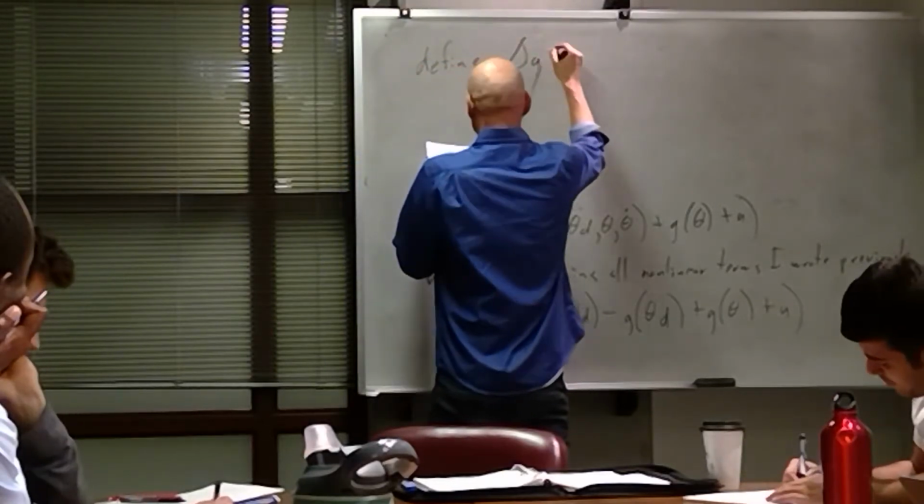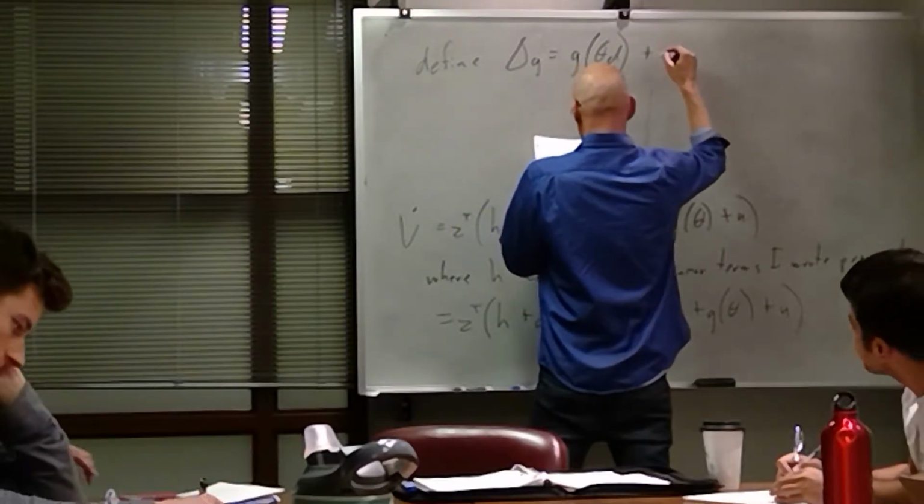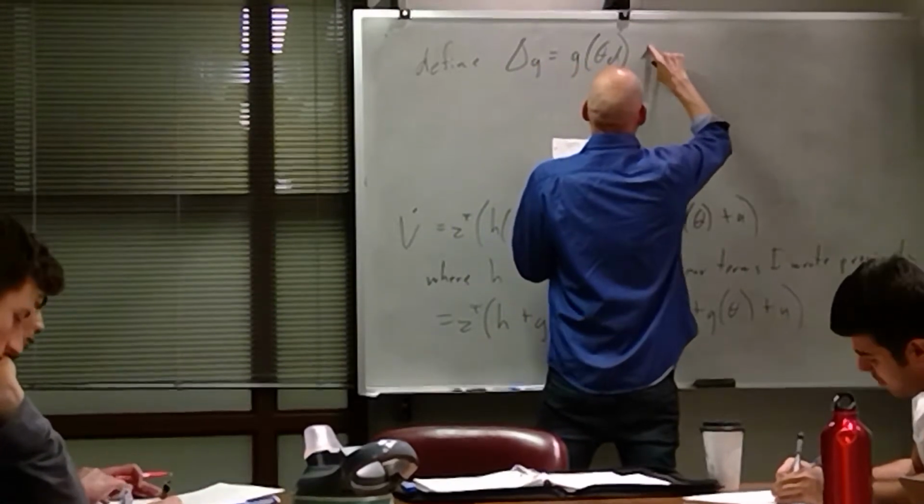So I'll define delta G equal to my desired gravity term minus my actual gravity term.